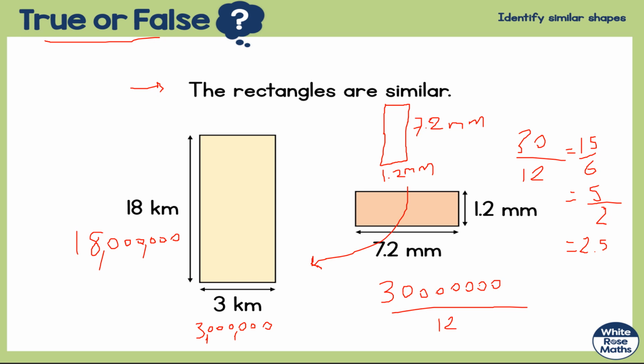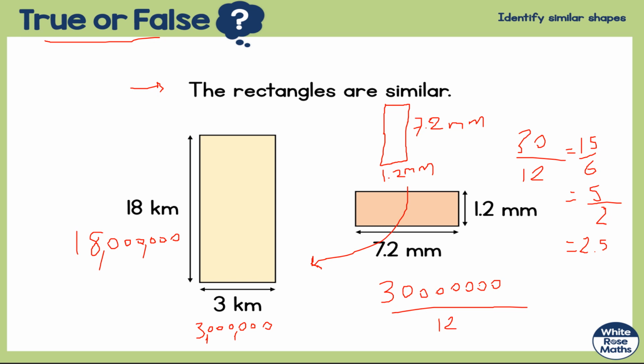Working this out, 3 million divided by 1.2 is 250,000. Then to go from here to here, I'm going to do 18 million divided by 72, and I get the same scale factor.